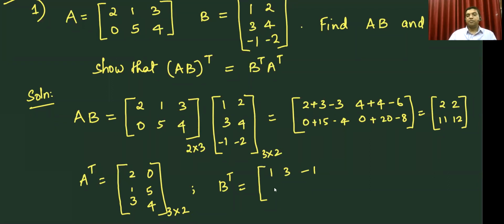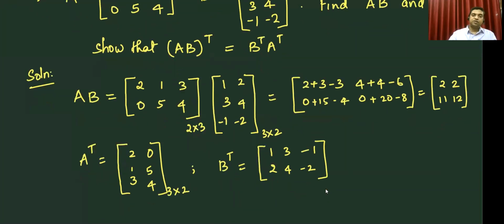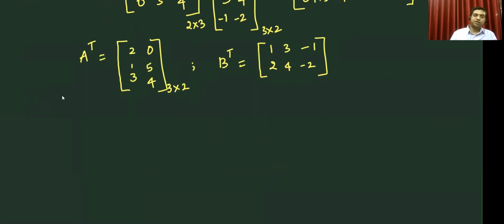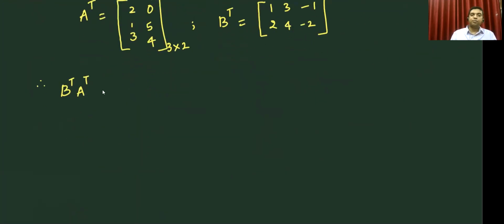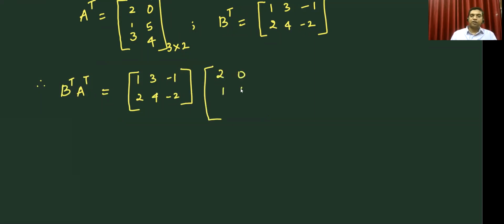The second column becomes the second row: 2, 4, minus 2. So now let us do B transpose A transpose. B transpose A transpose is 1, 3, minus 1, 2, 4, minus 2 multiplied by 2, 0, 1, 5, 3, 4.